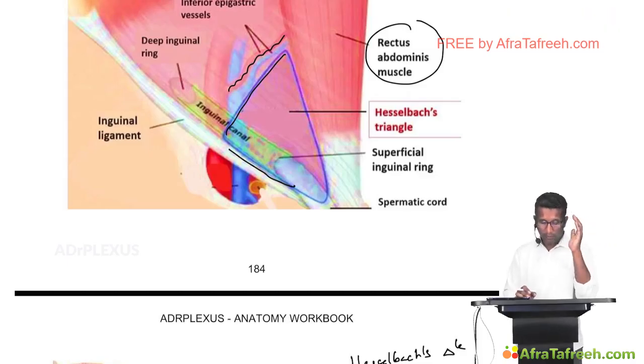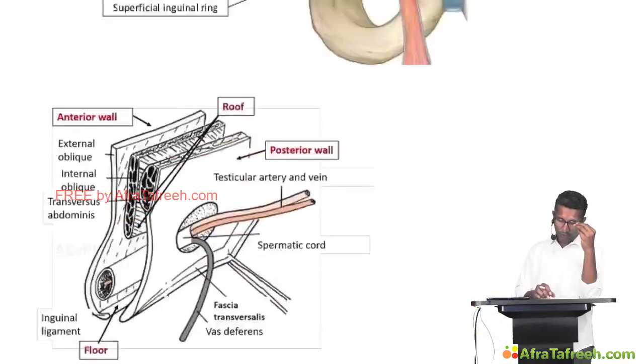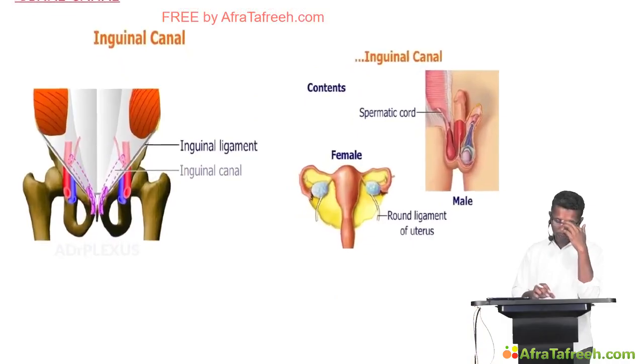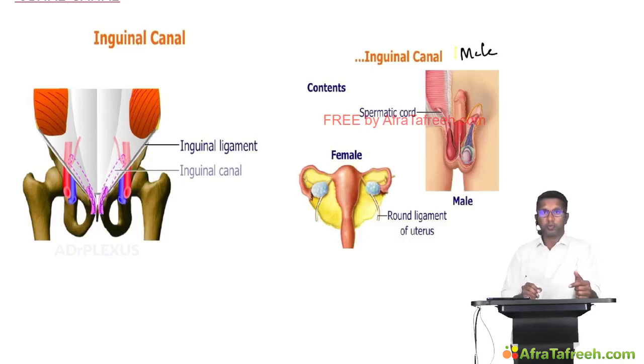Certain structures pass through the inguinal canal, which you've seen just now. The structures vary slightly between males and females. In the male, the content is mainly the spermatic cord.